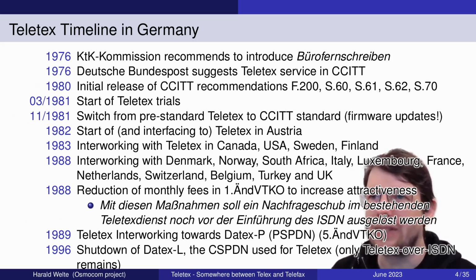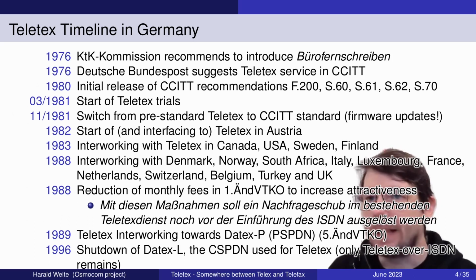And they recommended introducing something called Bürofernschreiben, which is the original name for what was later renamed to Teletex. There was also another term used in the early days, and I'm trying to remember the exact German word, Textfernverarbeitung, so like remote text processing.